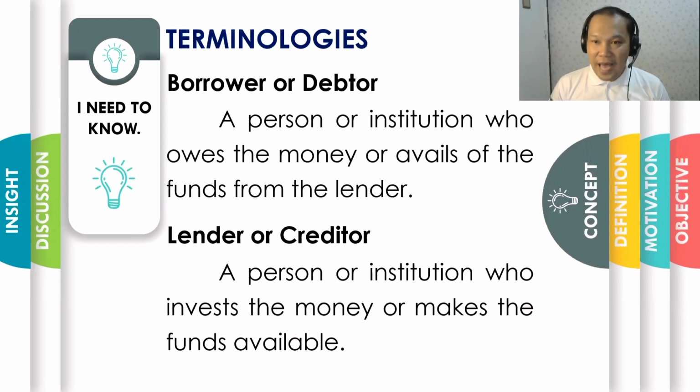Okay? Now, kung ikaw yung nag-save naman ng pera, ang tawag sa iyo ay creditor. Okay? Kasi ikaw yung nag-invest ng pera. Kaya kung ikaw yung nag-invest ng pera, you are the creditor. Okay? But kung ikaw yung nanghiram ng pera, yung pinanghiraman mo, ang tawag sa kanila ay lender.